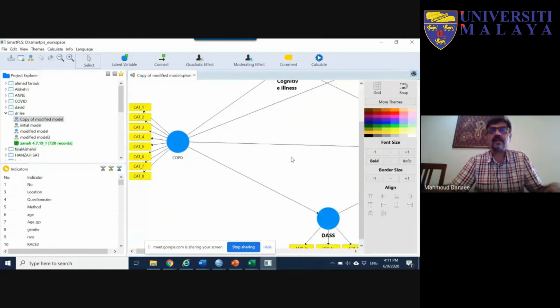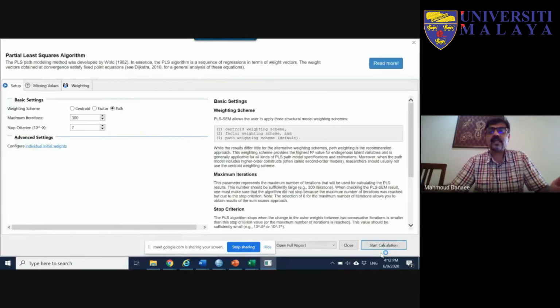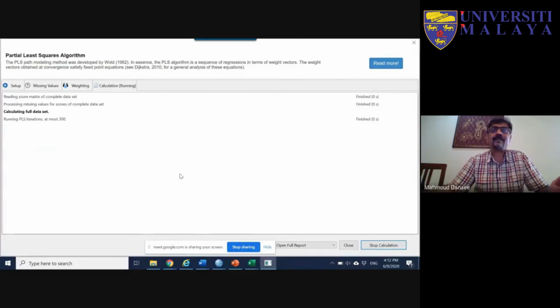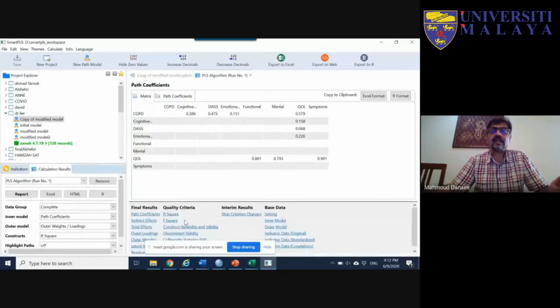Okay, so for example, this is the model, and the questionnaires for all the constructs were adopted. So we did not explore. And when you run the analysis with the PLS algorithm, you can easily access the information. Look at here, this is the construct reliability and validity.